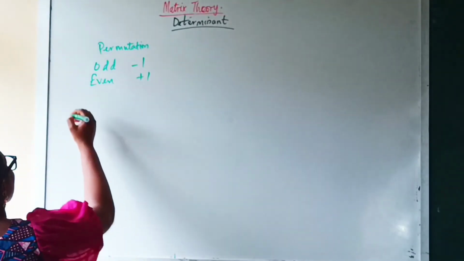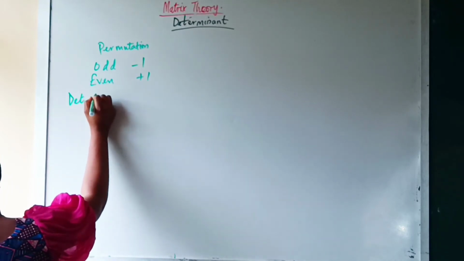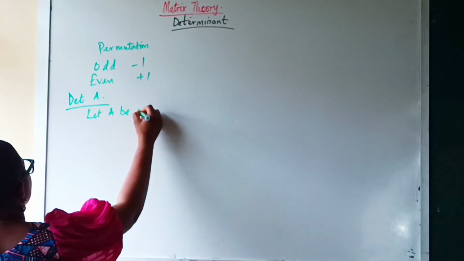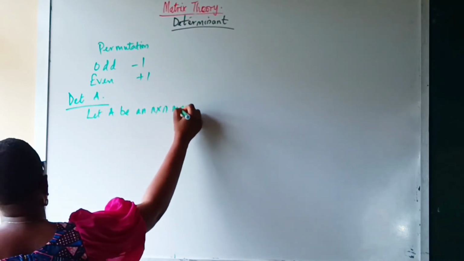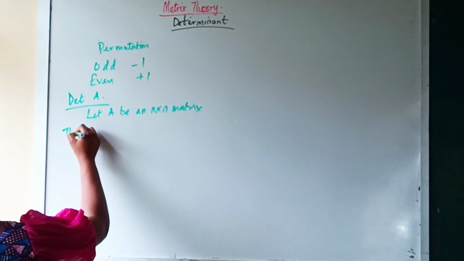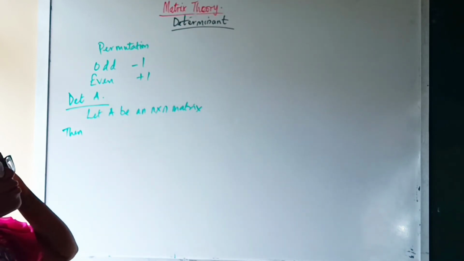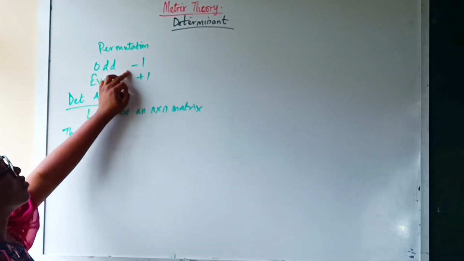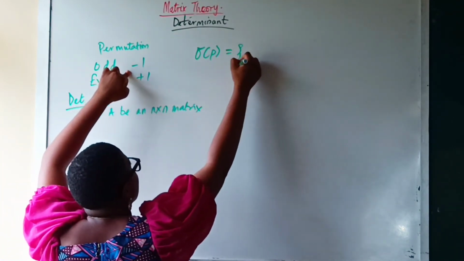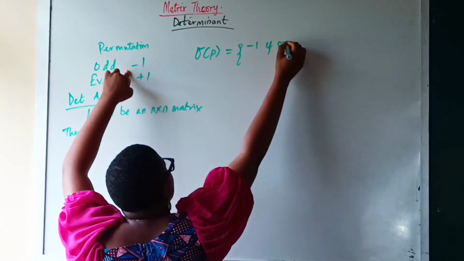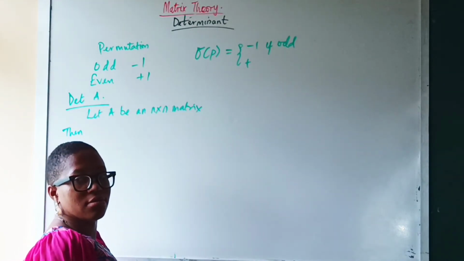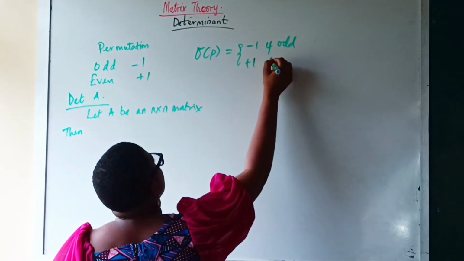Now, the determinant of the matrix A. Let A be an n by n matrix. First of all, before I conclude, for a permutation we write the sign as sigma of p. Sigma of p is equal to minus 1 if it's odd, and equal to plus 1 if it's even.